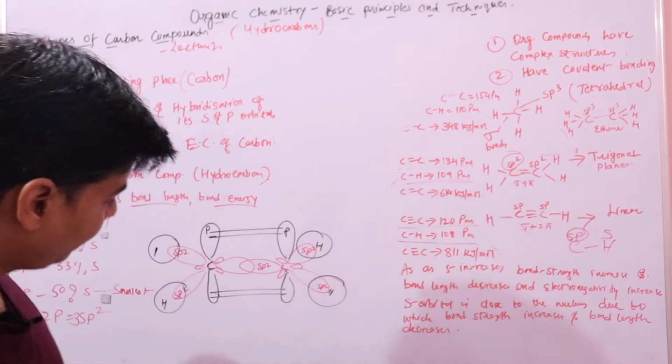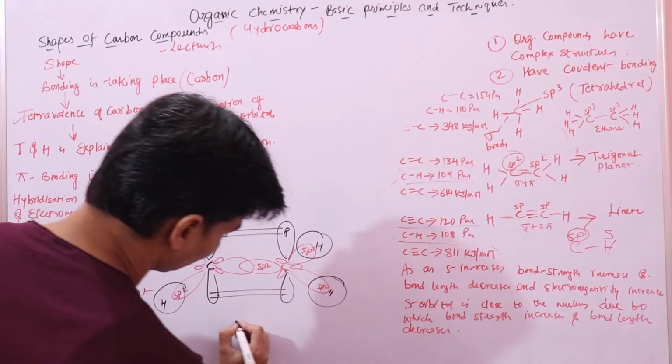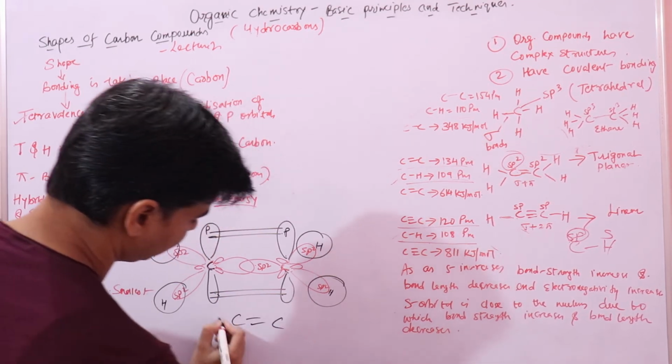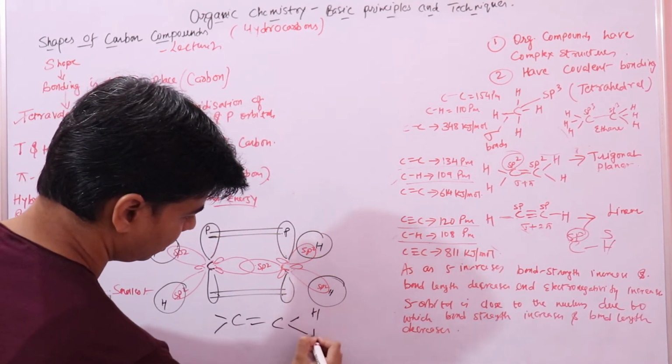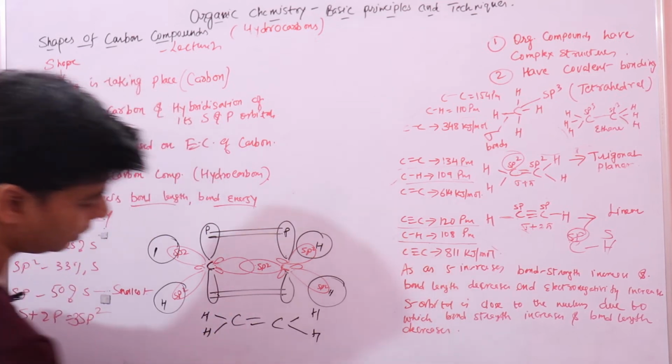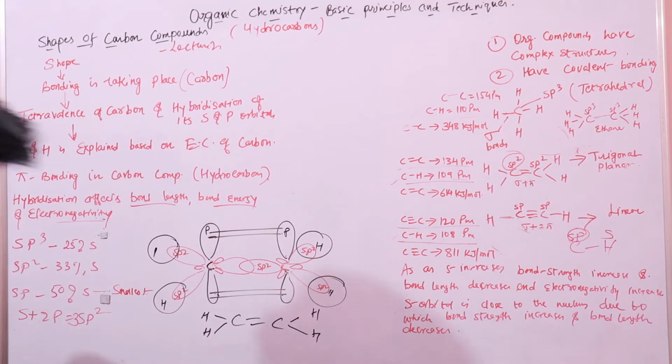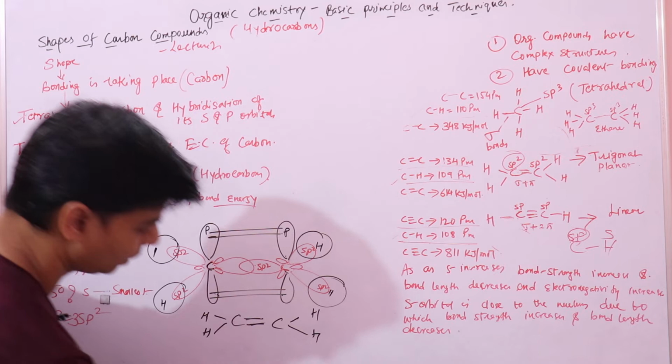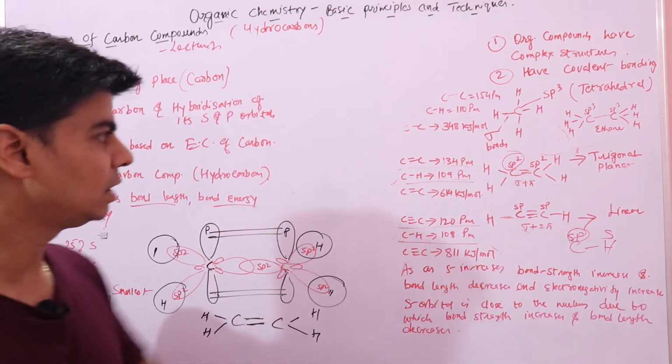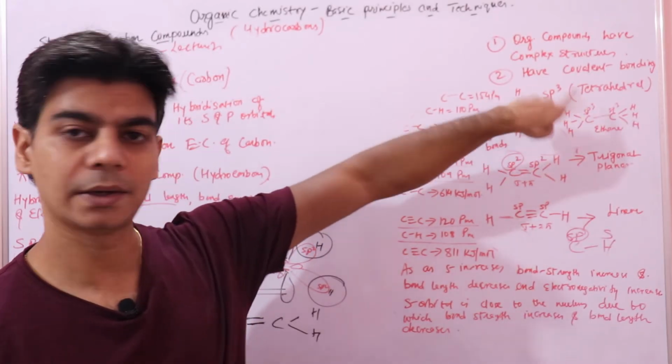That is why we say that there is restricted rotation around a carbon-carbon double bond. If you have a double bond, you cannot rotate it. Whereas the single bond in ethane can be rotated. Why?